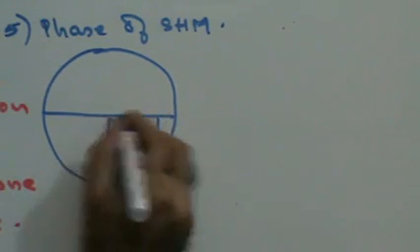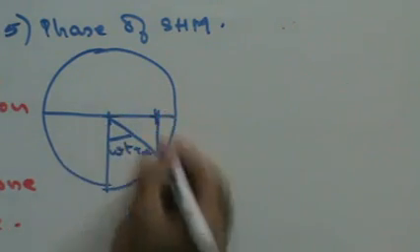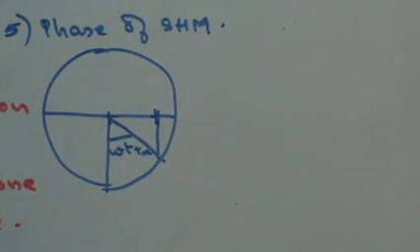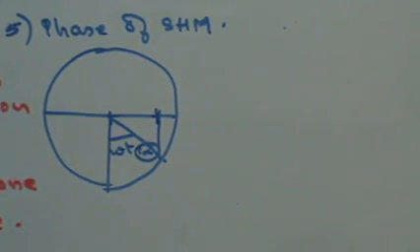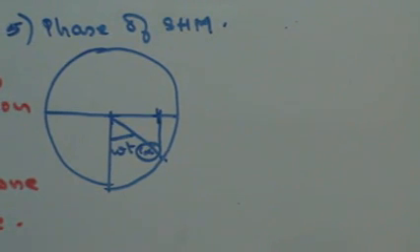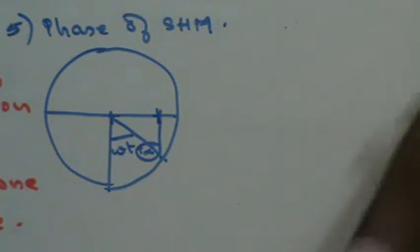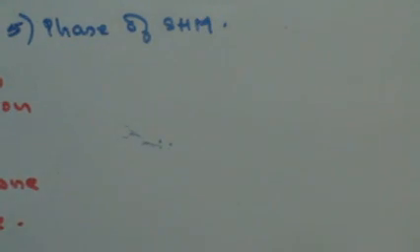In that case, how much distance it has covered along the diameter? So, the angular displacement of a body is called the phase of SHM. So when I talk about phase of SHM, it is this angle alpha by which the body has moved. The quantity alpha completely describes the state of oscillation of a particle in SHM, and that is called your phase of SHM. Fine, do we get this thing here?